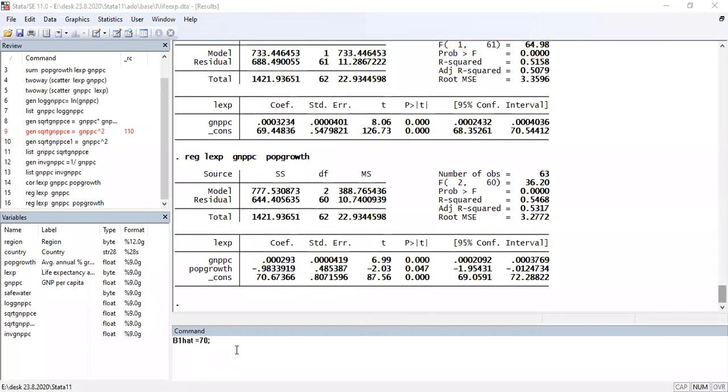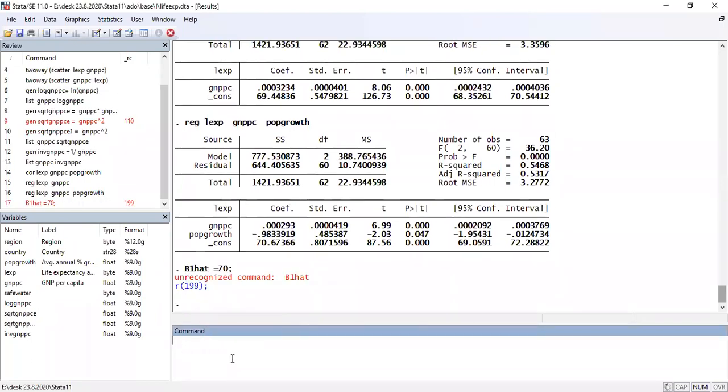Holding population growth constant. Let me write the model again. The model was LEXP equals beta 1 plus beta 2 GNPPC plus beta 3 pop growth plus U. Now I'm asking you to explain beta 1 hat.